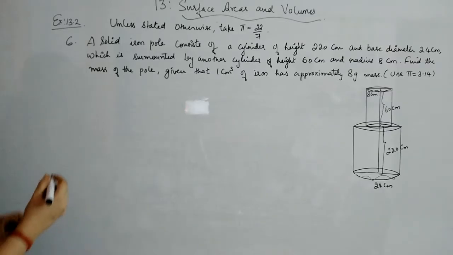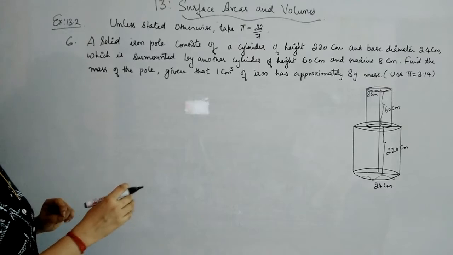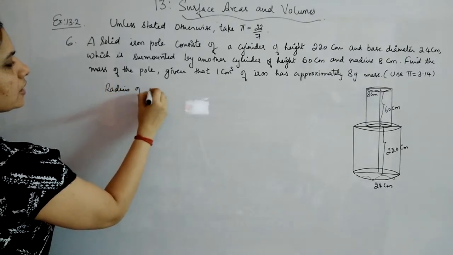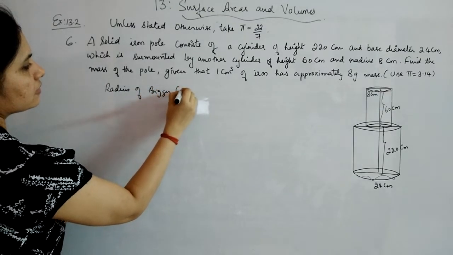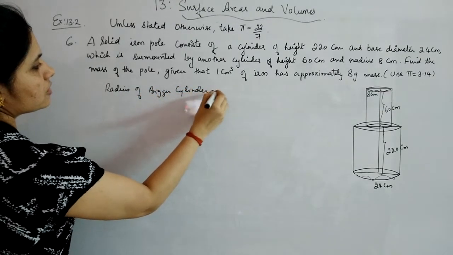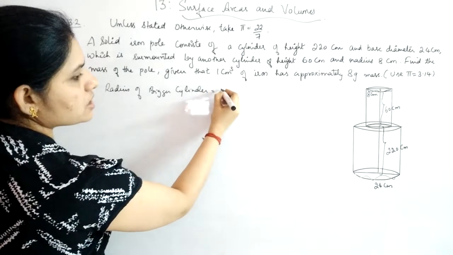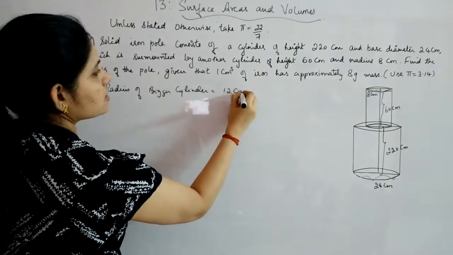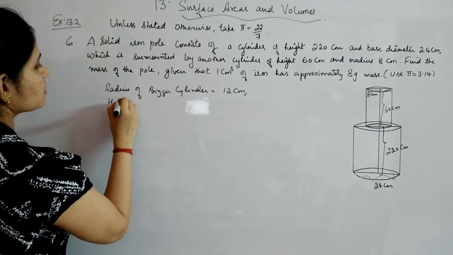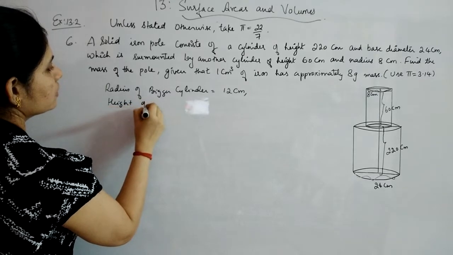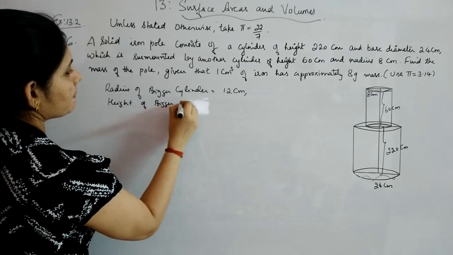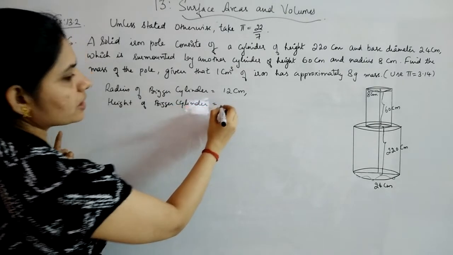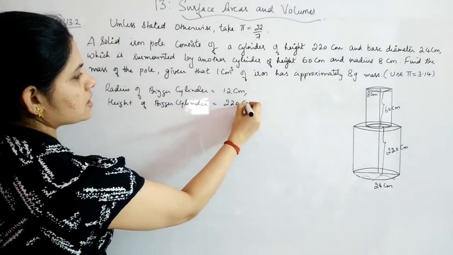Okay, so first we will start with finding out the volume of each of the cylinders separately. So radius of the bigger cylinder is equal to, how much is given, the diameter is given 24, so the radius will be 12 centimeter, and height of the bigger cylinder is how much, 220 centimeters.